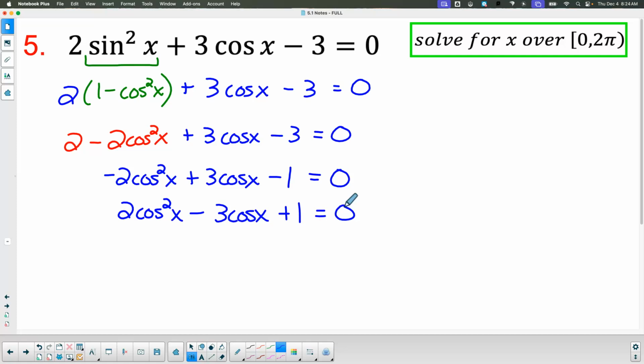Two sets of parentheses. First is going to be 2 cosine and cosine. Last is going to be 1 and 1. Do I want plus signs, minus signs, or a crazy combo?